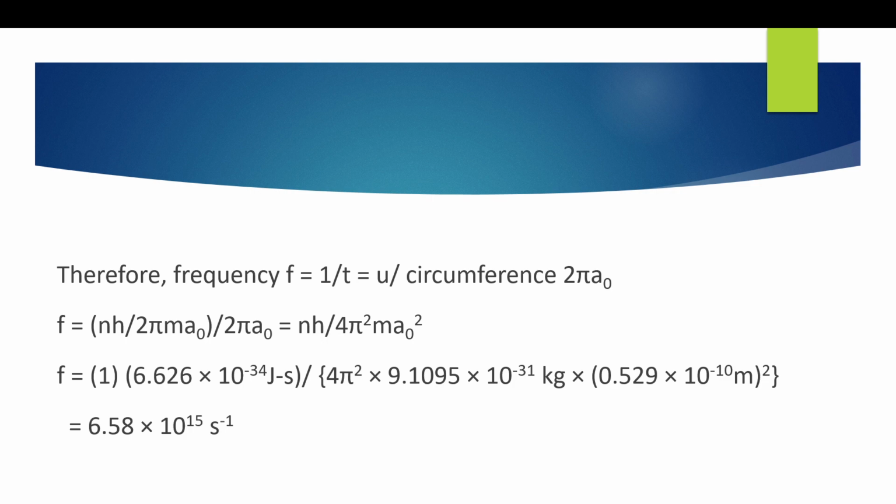So f is, first we put the value of u, divided by circumference 2 pi a0. The formula becomes f equal to nh upon 4 pi square m a0 square. We put the values of various parameters and get the result 6.58 into 10 to the power 15 per second.